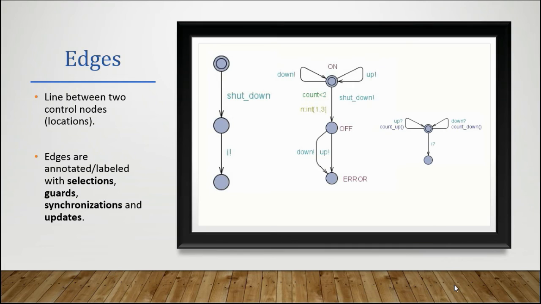So here this is the edge, with its main use as a transition between the locations. It can also be used as a channel to communicate with another timed automata, the third use is as a selection, and it can also be used as the guard.